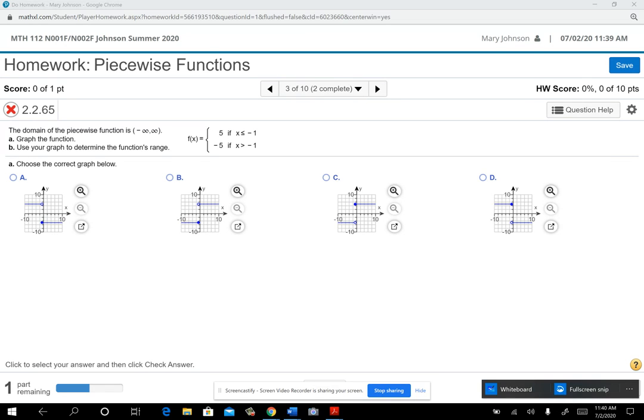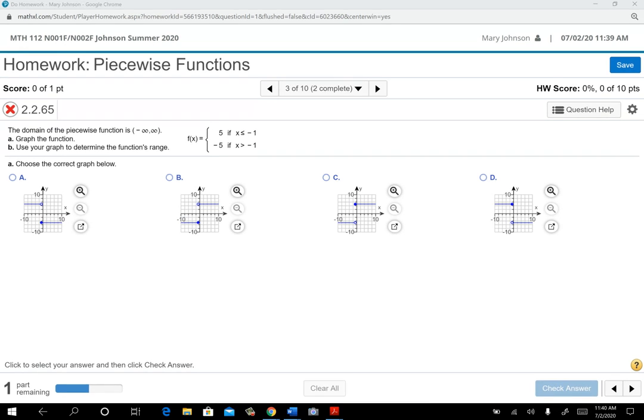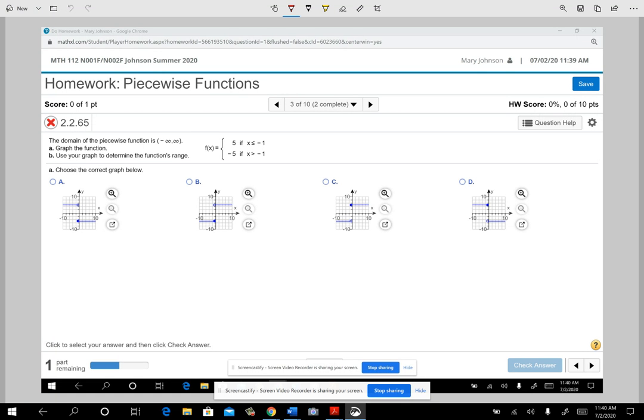So on this one, what you want to be thinking is first off that you've got two rules. Remember that this right here is really y. And so you have one rule being that y equals 5, one rule being that y equals -5.